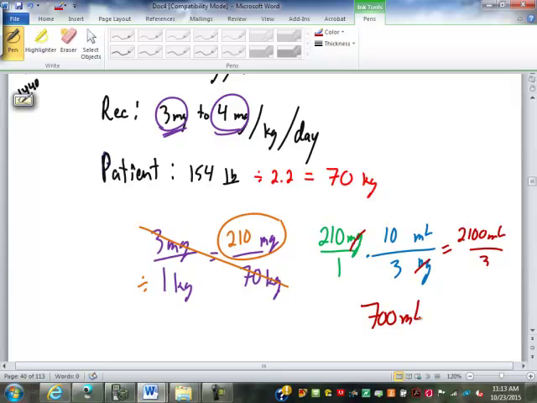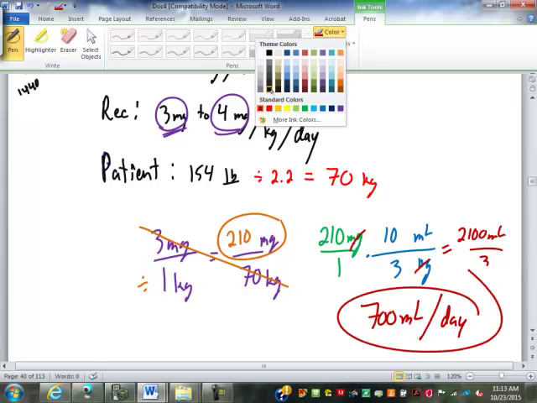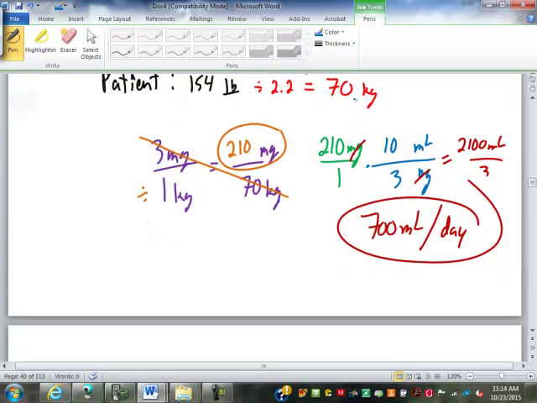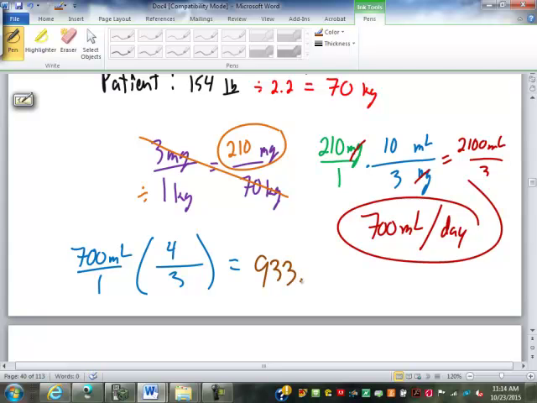And of course that is per day. Perfect. So that was the minimum. How do we find the maximum? By 4 over 3. Perfect. Which is going to give us 933.33. You got it.